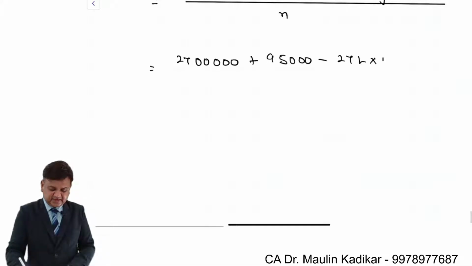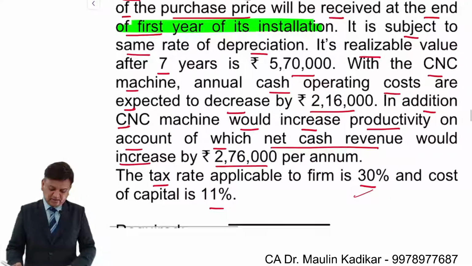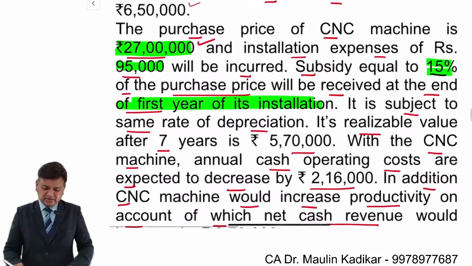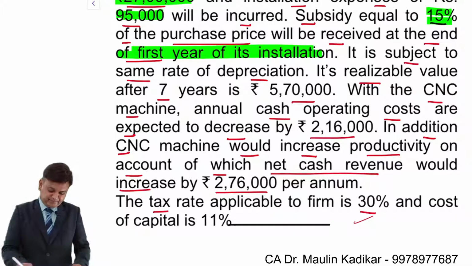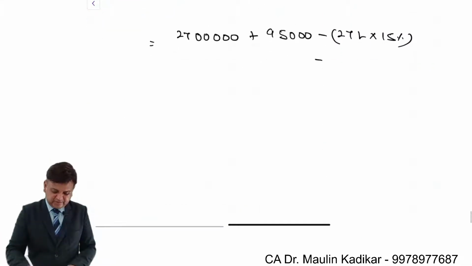Subsidy is 27 lakhs into 15%. It is going to be received at the end of the first year, but still it will be deducted, because as far as the accounts are concerned, we do not consider the effect of time value of money. So directly the subsidy amount will be deducted. The question says its realizable value after 7 years is 5,70,000. So minus 5,70,000, whole divided by 7 years.